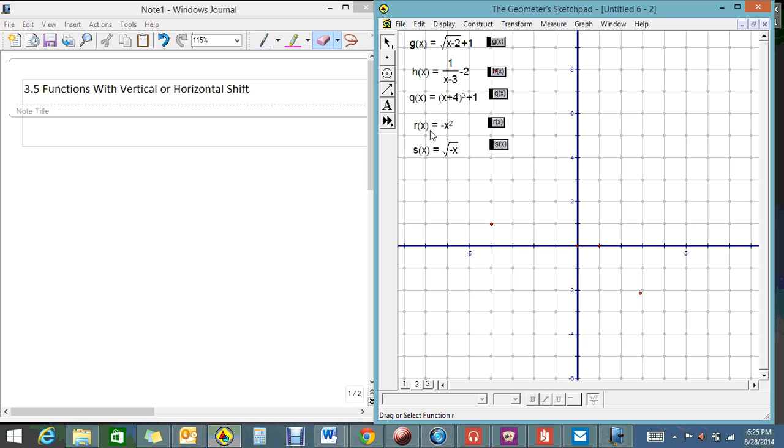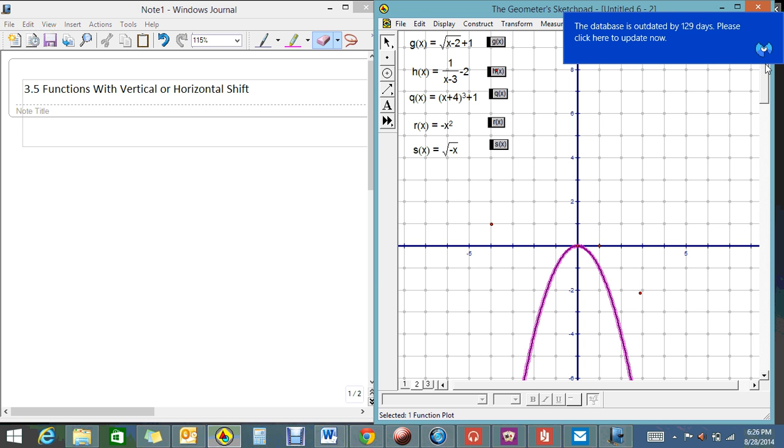So if I just take every single answer from that parabola and make it negative, what's it going to look like? Well, it's going to be flipped down here like this. Okay, so there it is. It's going down. So see, I would have plugged in, when I put 1 and I squared it, I would have gotten 1, but oh, I've got negative, so it goes down instead.